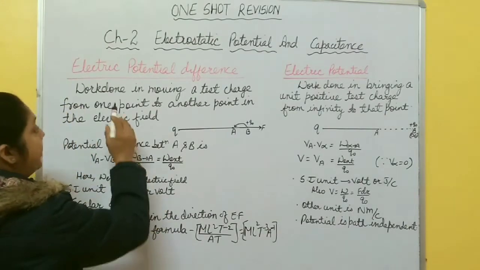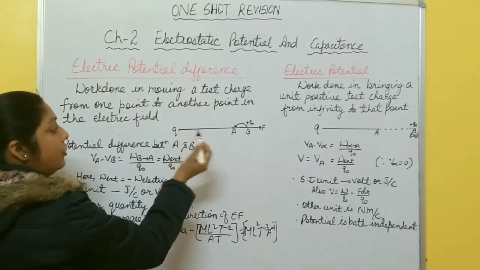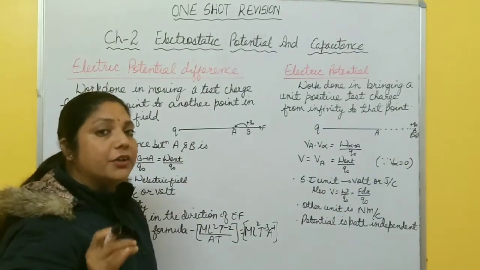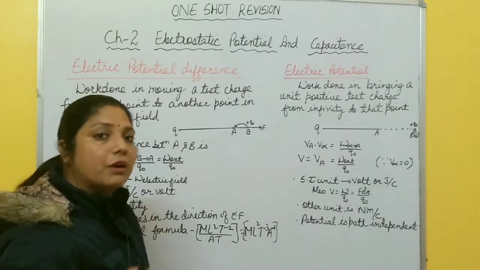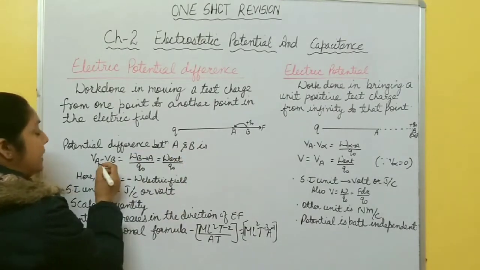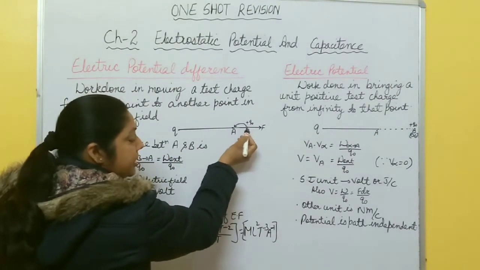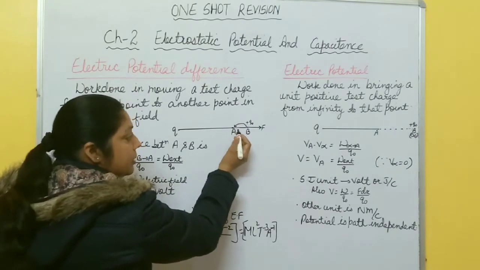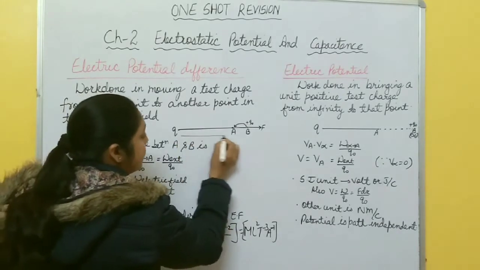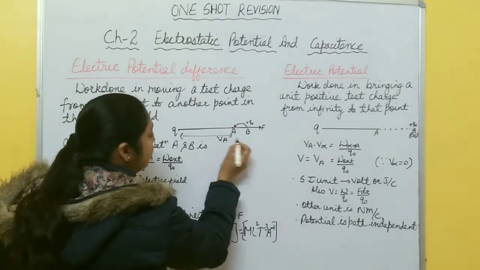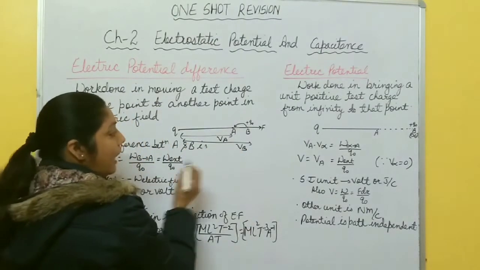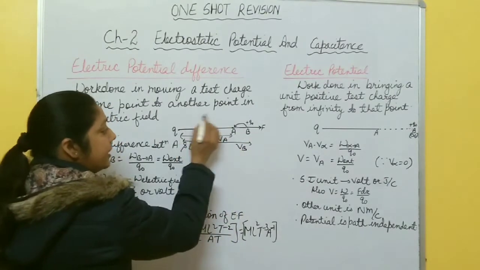You can define it in this way: work done in moving a test charge from one point to another point in an electric field, or you can say against the electrostatic force of attraction, right? So you can write the potential difference between A and B, as this positive test charge moves from B to A. So suppose the potential at position A is VA, and the potential at B is VB, and you know the electric field is in this direction.